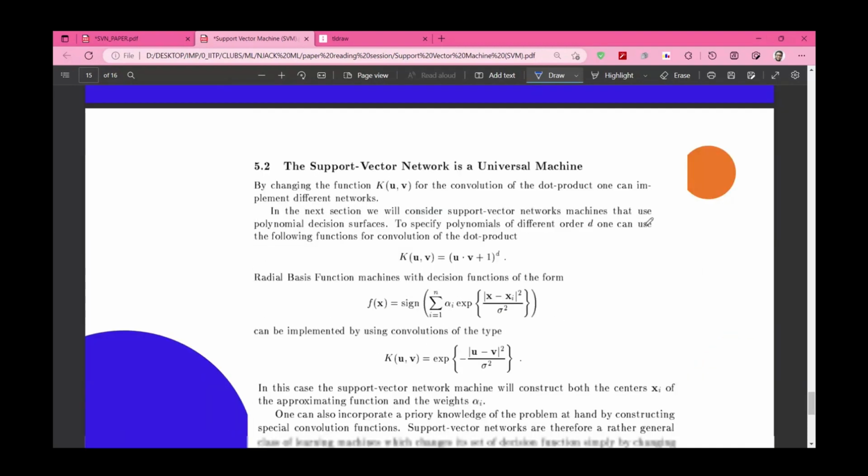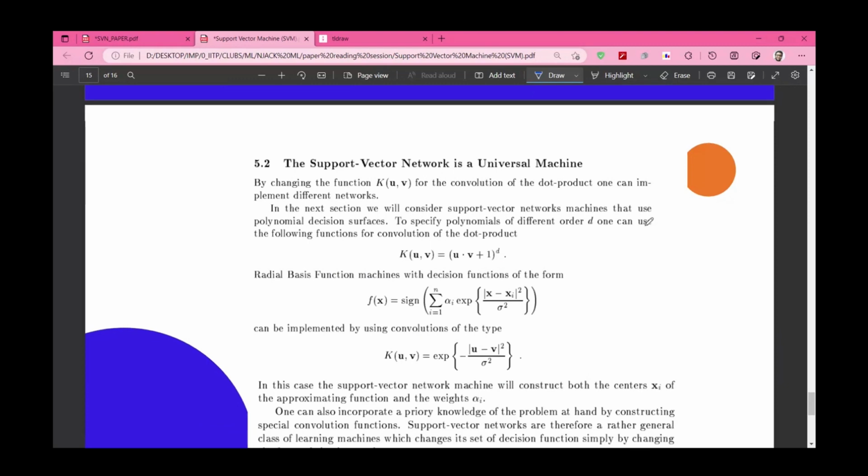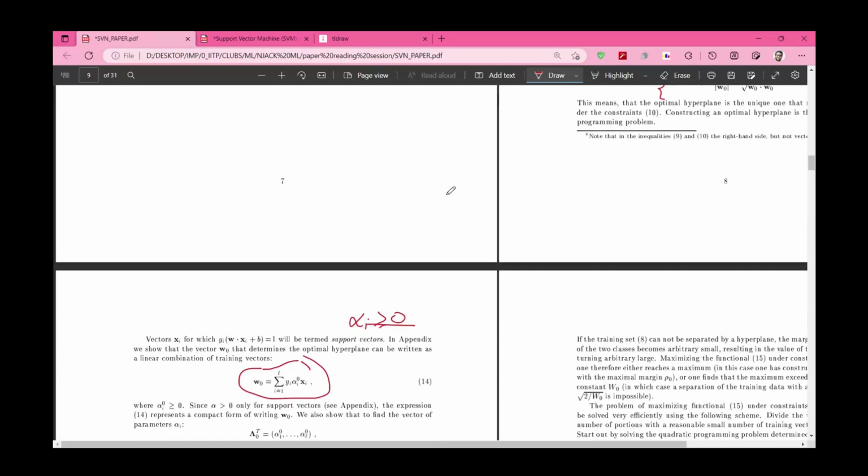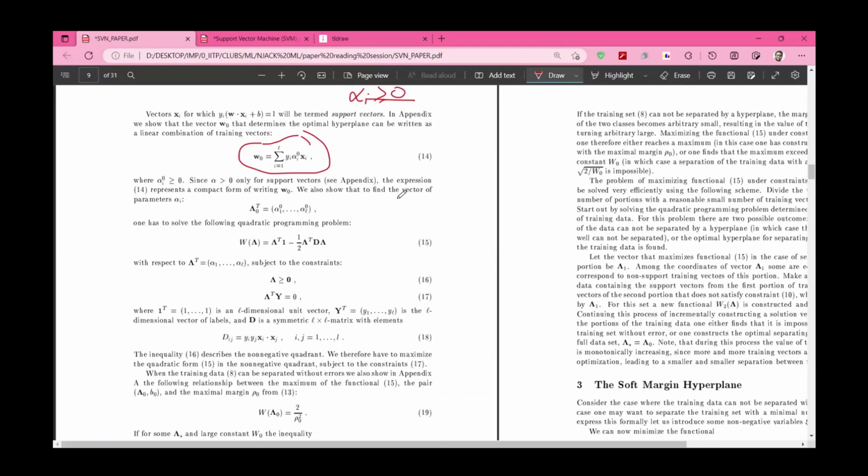After that, let me come to the point of why it is actually a linear combination of the support vectors. Here we can see that while solving the dual problem, we took an assumption that all the alpha i's that are not on the margin are zero.